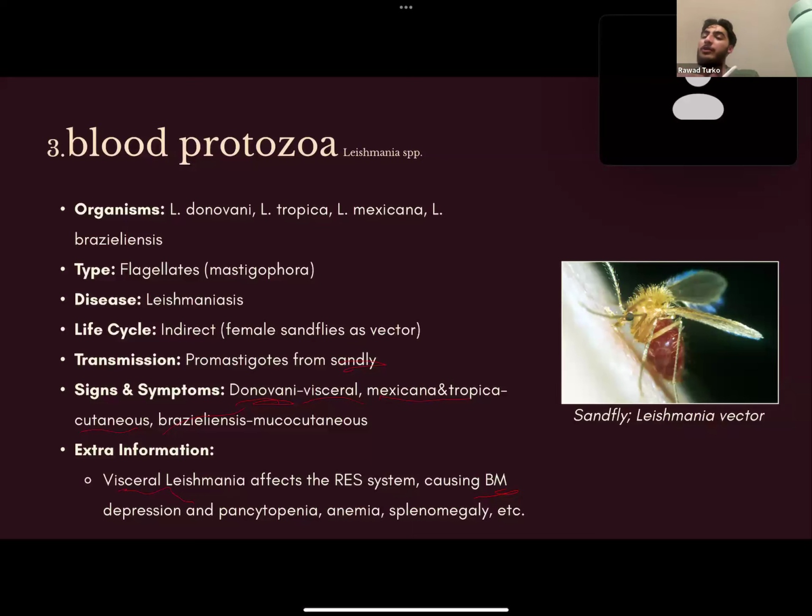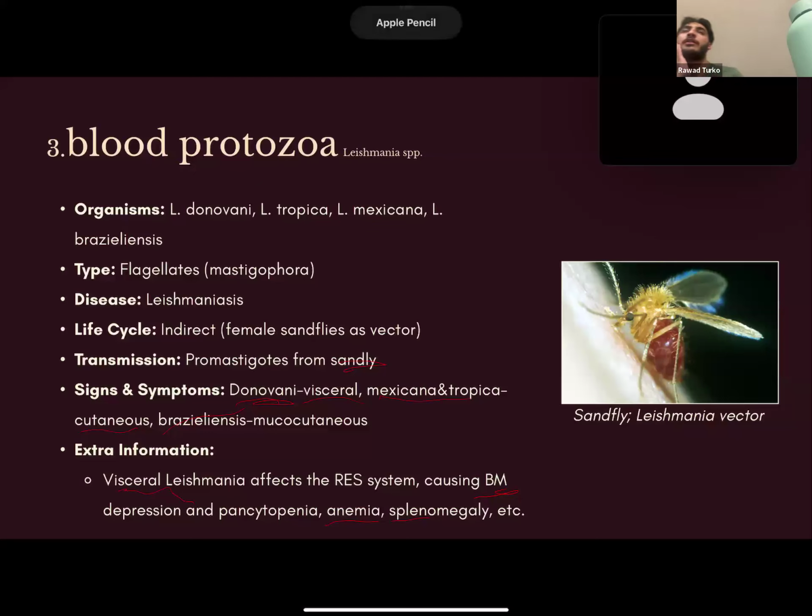So you guys know that your bone marrow is the site of all red blood cell and white blood cell formation. So if you have bone marrow depression, you're going to have pancytopenia, which is a decrease in all types of blood cells, either red blood cells or white blood cells. So that's pancytopenia. And you would have anemia, and you would have splenomegaly. So this is visceral leishmania. Okay.